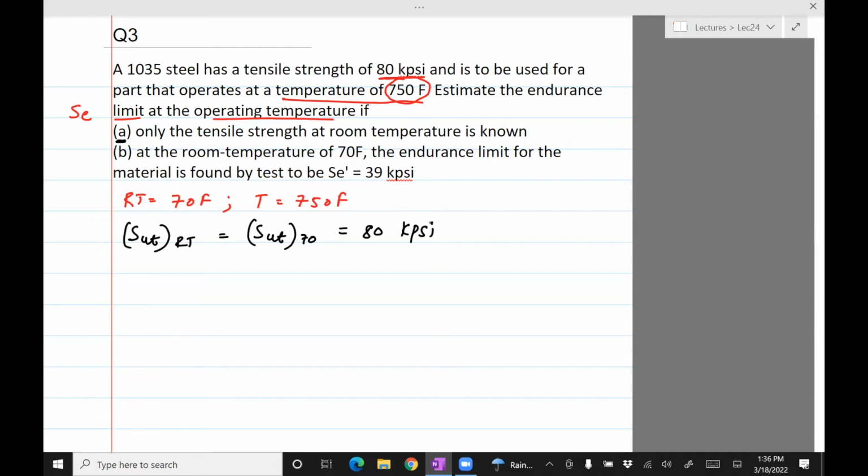And this is for part A. And for part B, the endurance limit is given, so SE prime is given, it is 39. This is the endurance limit at room temperature, which is 39 kpsi.